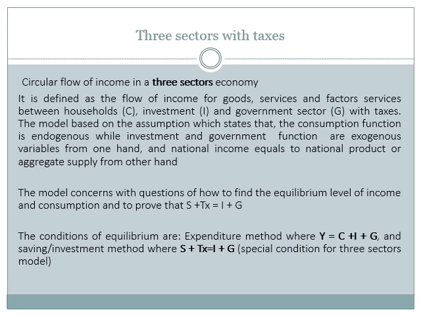The model is based on the assumption that the consumption function is endogenous while investment and government functions are exogenous variables, and national income equals national product or aggregate supply.